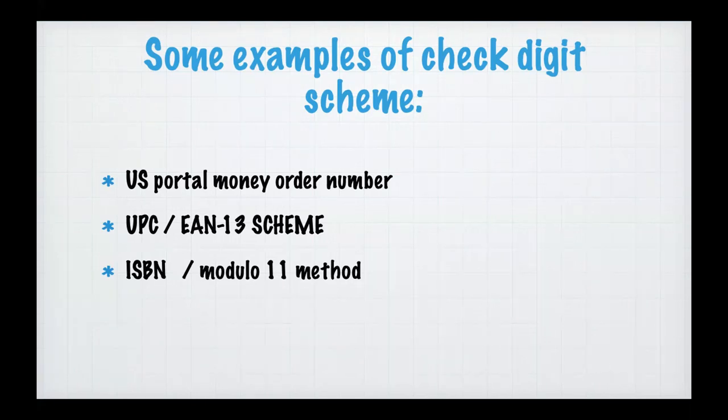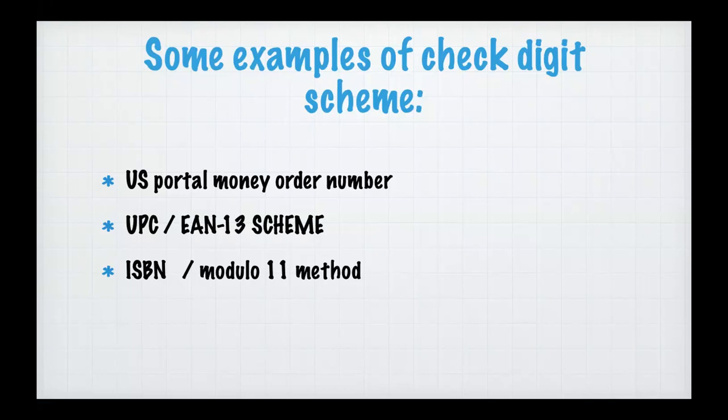So it uses the mod 10 method. It's actually taking modulo 10 and giving you the remainder, which is appended to the end of the series. Similarly, you have UPC, which we just saw. It's the Universal Product Code. It's also known as the EAN-13 scheme, which we will be discussing in the coming slides.